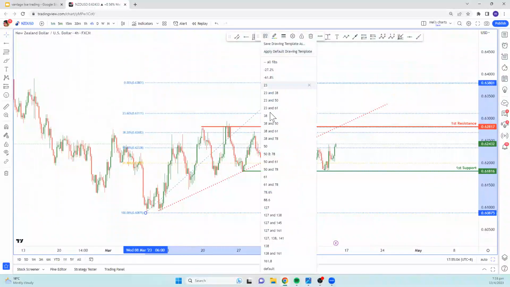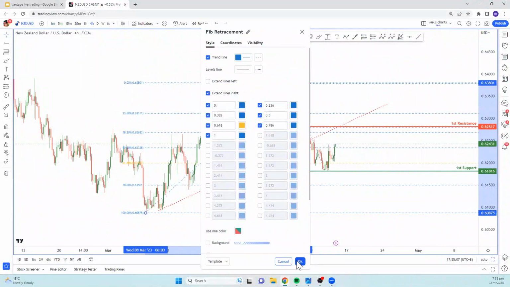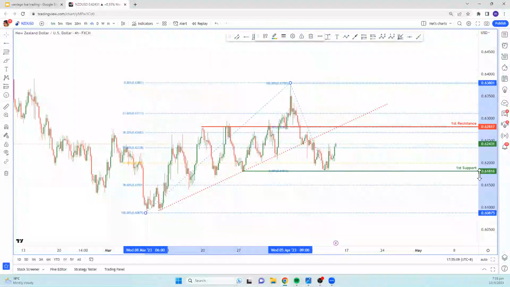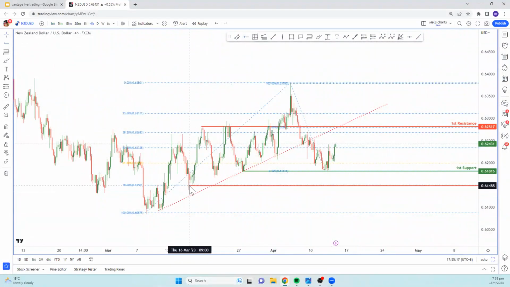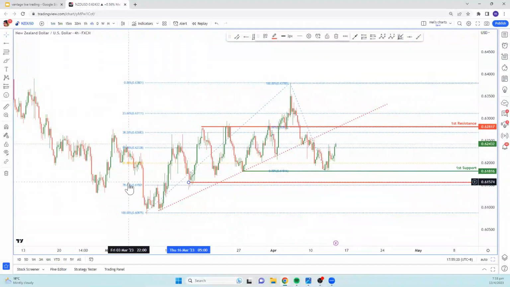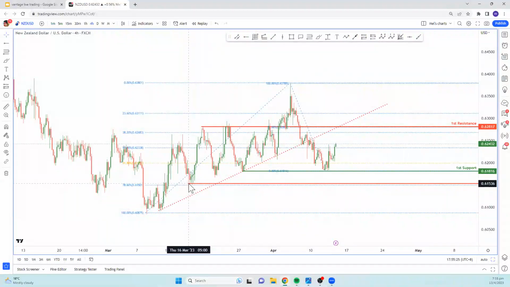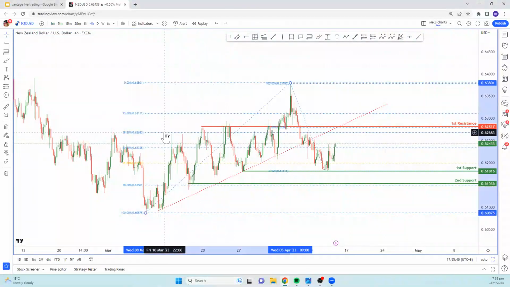Okay, I have another level of support here at my swing low in line with the 78.6. So this will be my second support. I'm just going to keep that and clear the other levels.